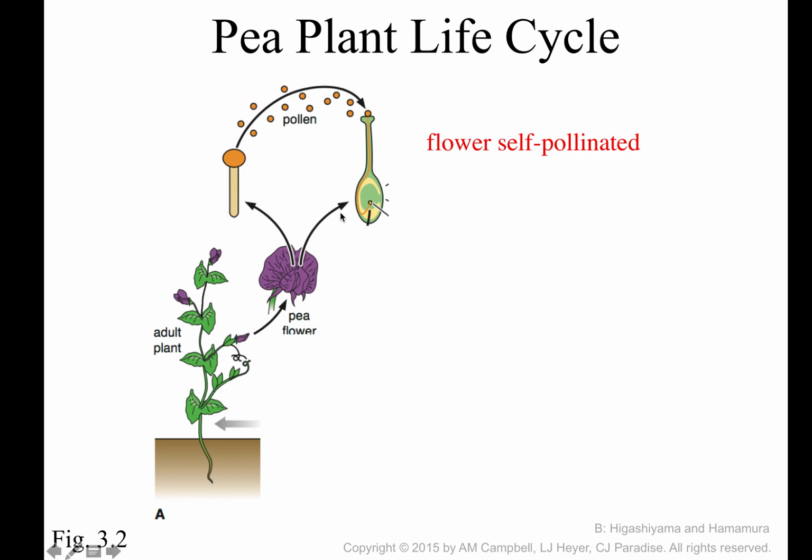On the pea flower, there are both male and female parts. The male parts supply pollen to the female parts, and then the pollen lands on the sticky part of the female part of the flower, and then it grows a pollen tube that fertilizes the egg inside this part of the female part of the plant, and that's self-pollination.